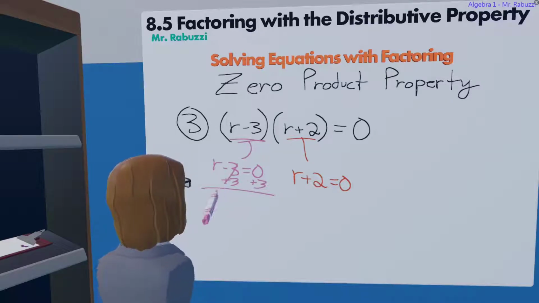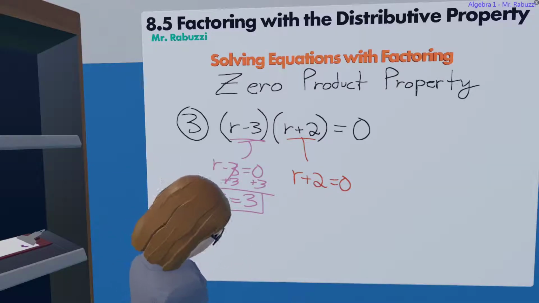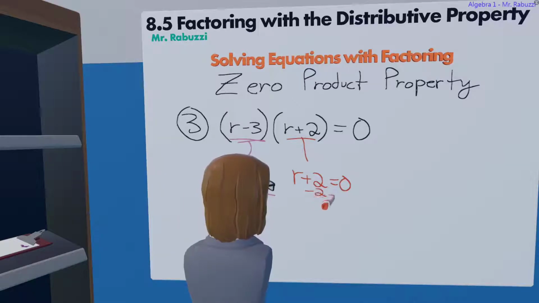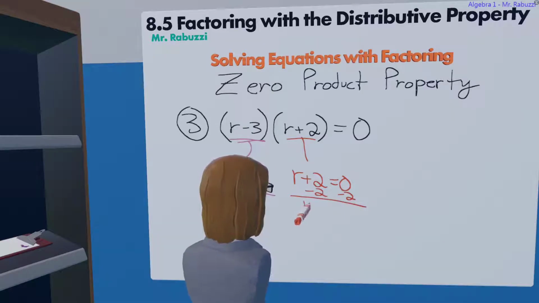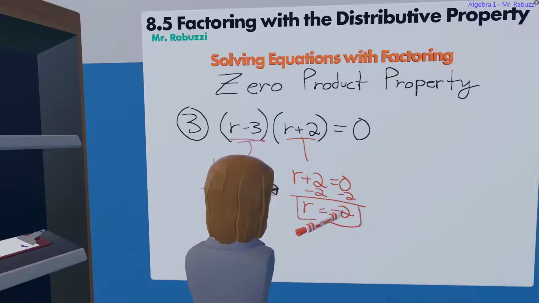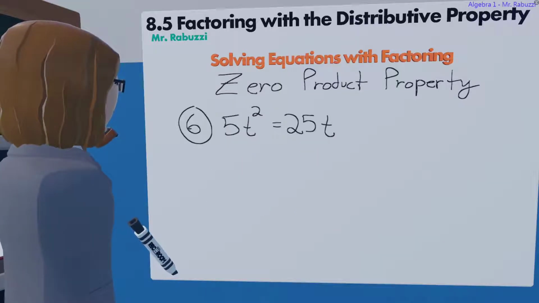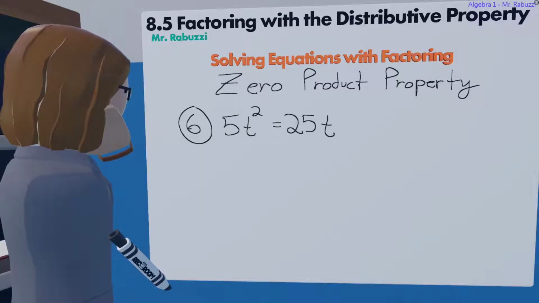We get r equals 3. Okay, on the second equation, subtract 2 on both sides. We get r equals 0 minus 2 is negative 2. There's our two answers.